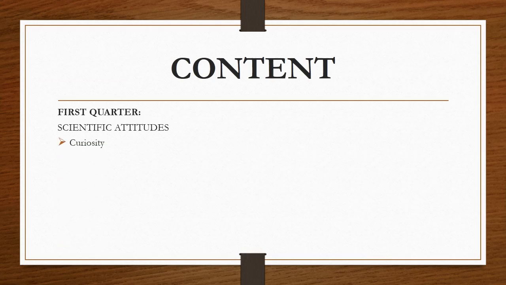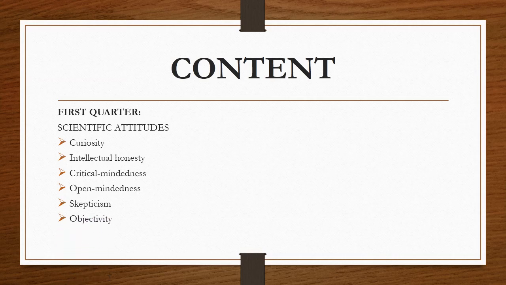We have curiosity, intellectual honesty, critical mindedness, open mindedness, skepticism, objectivity, and the last is perseverance. So these are the 7 scientific attitudes that we are going to discuss in the first quarter.